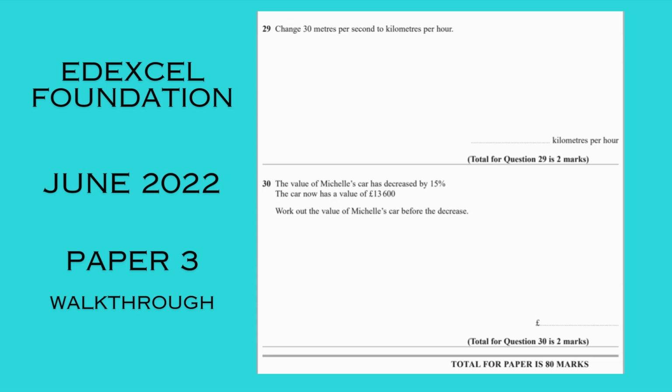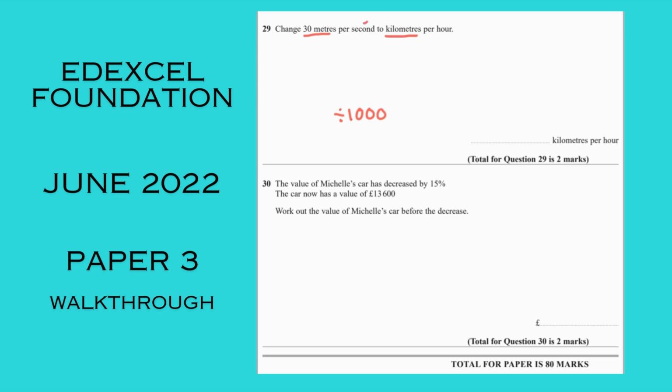On to question 29. So a lot of converting here, but it doesn't matter which order you do them in. Let's do the easy one first. To go from meters to kilometers, you're not going to be able to do as many. So that's where you make sure it's a divide.